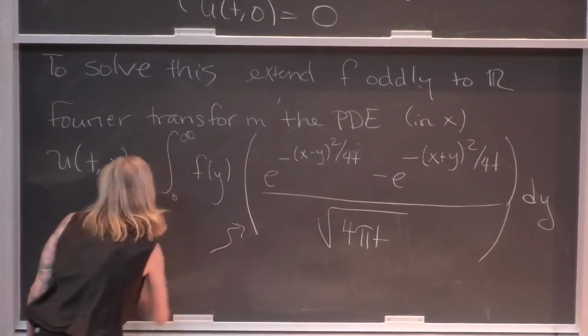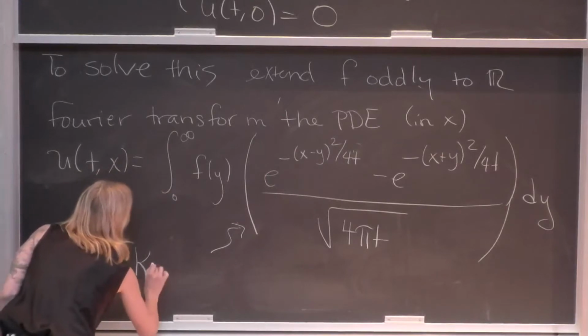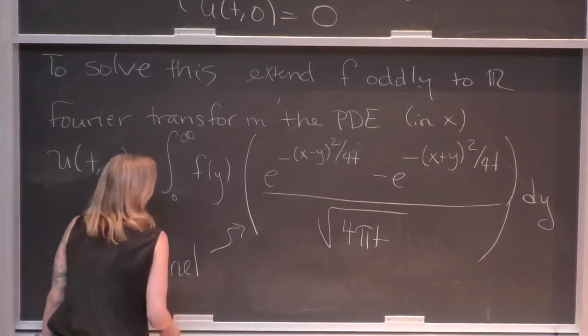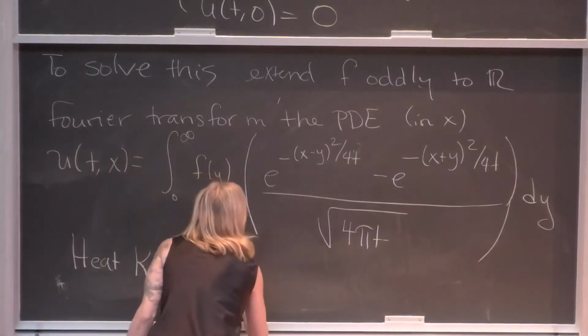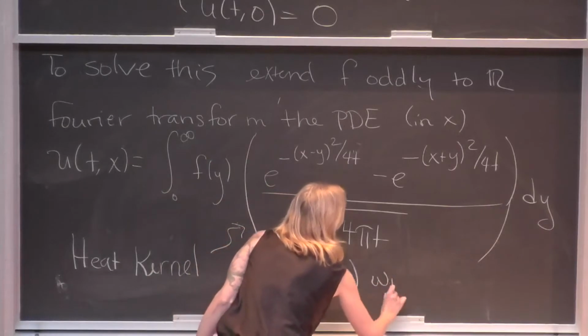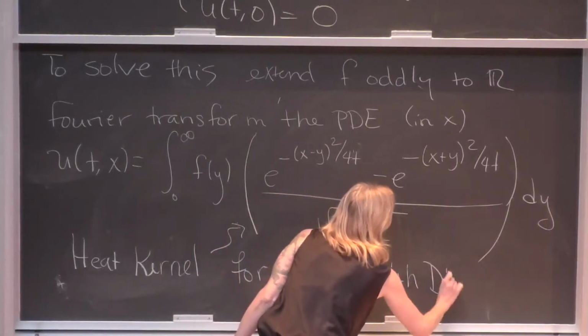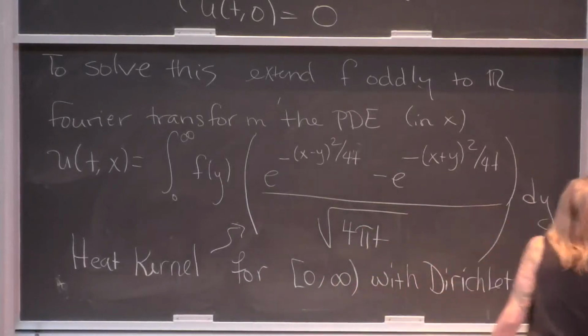So this is the heat kernel, which is the Schwartz kernel of the fundamental solution of the heat equation for the half-line with the Dirichlet boundary condition. Okay, and I'm going to give it a name now.